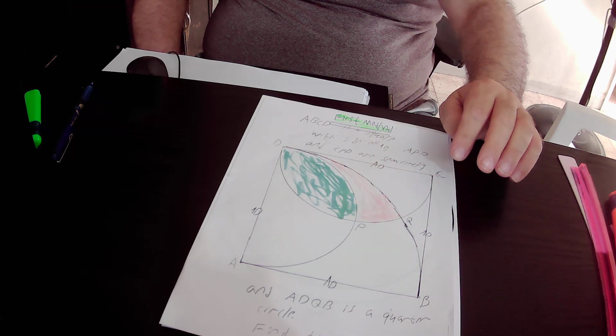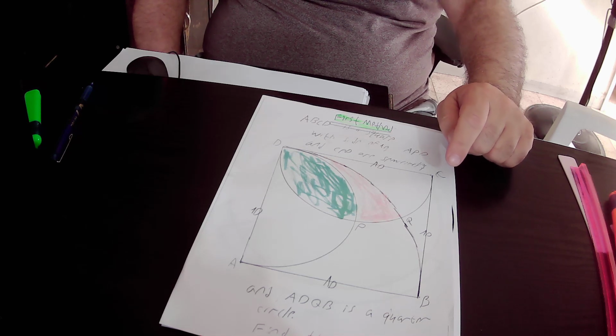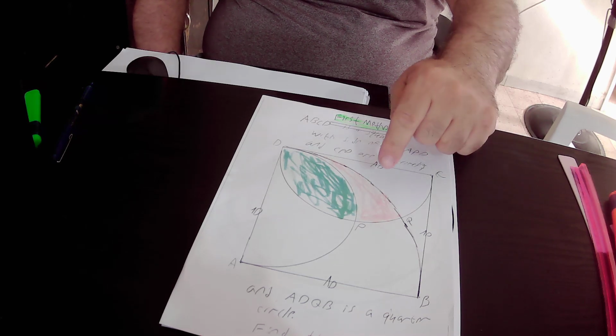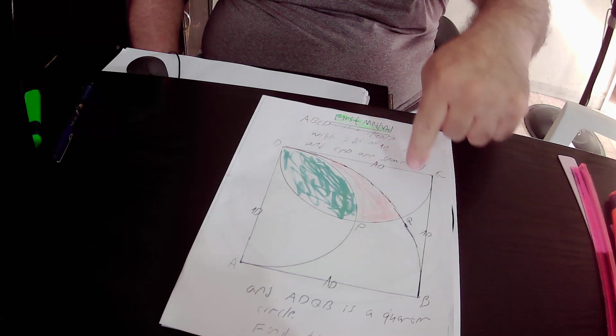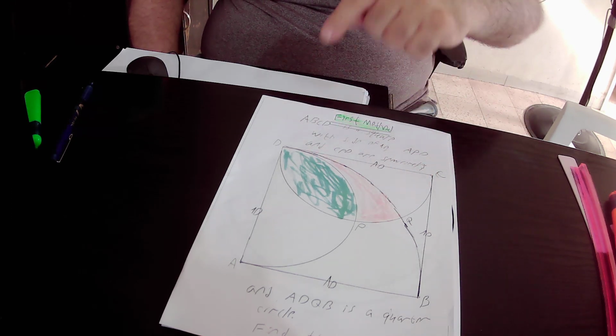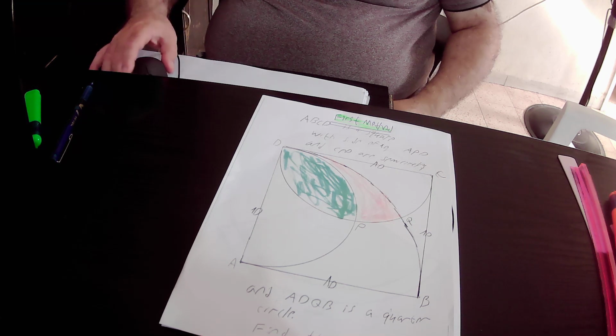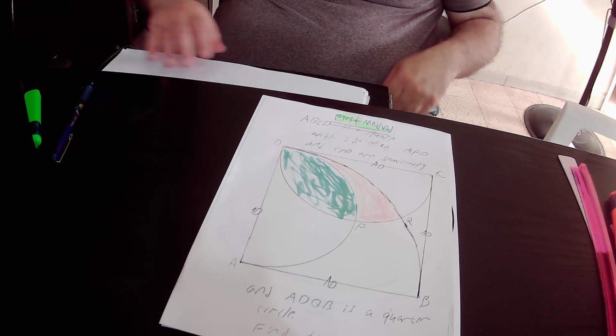So it is very easy to see from the drawing that the area of this green shape equals the area of the big lens minus the area of the blue lens. So I write it down.